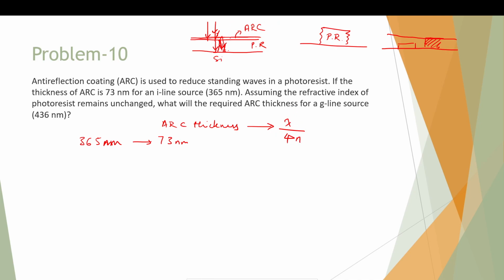Only then the path difference will be equal to lambda by 2, since the light is travelling twice. If the path difference is lambda by 2, we will get destructive interference. So for destructive interference, the ARC thickness should be lambda by 4n, where n is the refractive index of the ARC.